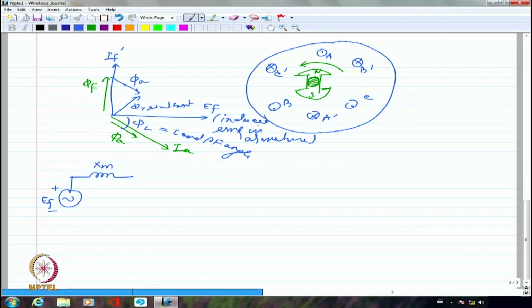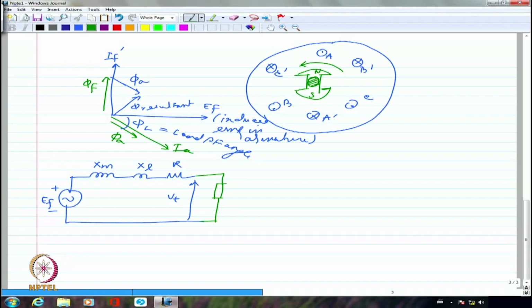Now I have the leakage. Then I have the resistance. This is my Vt and here is my load. I am not showing whether it is resistance, inductance or capacitance.